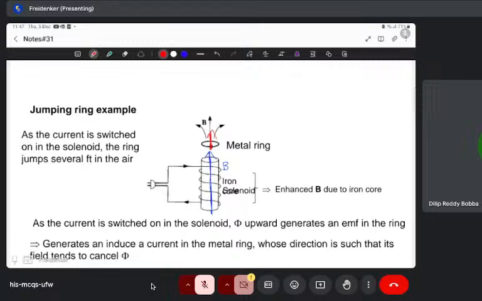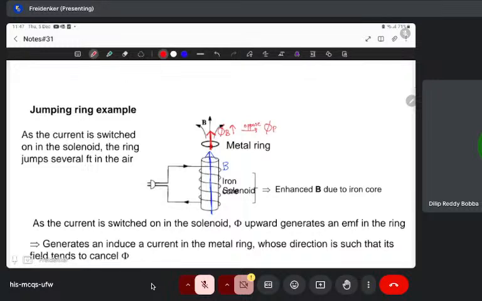In this metallic ring, a current will be induced in such a way that this change in magnetic flux is opposed. So as time passes, magnetic flux is increasing in the upward direction. So you have to oppose this. How do you oppose this?